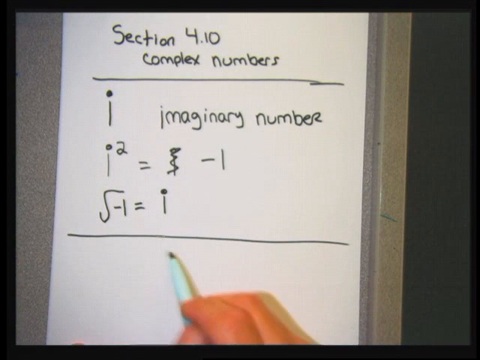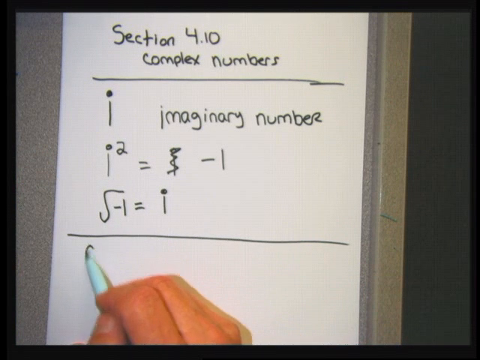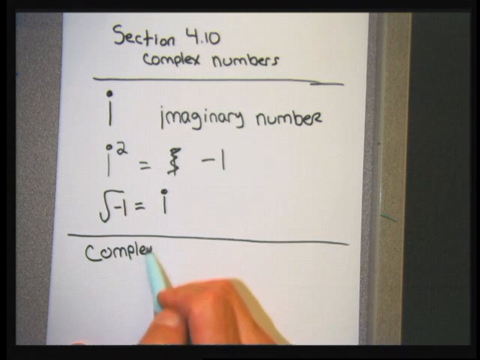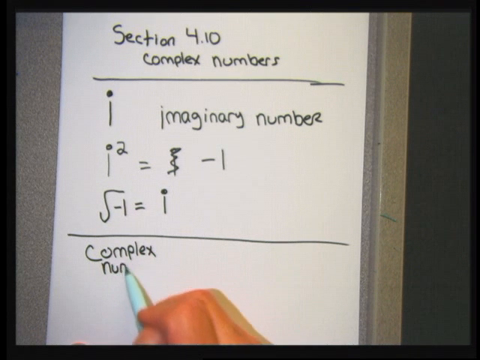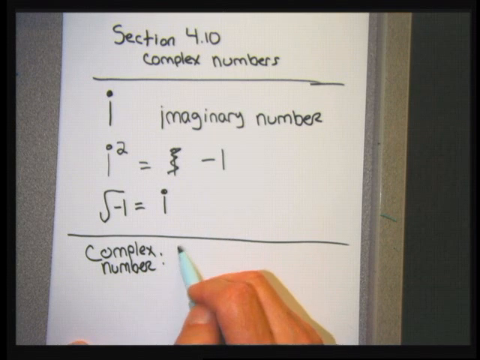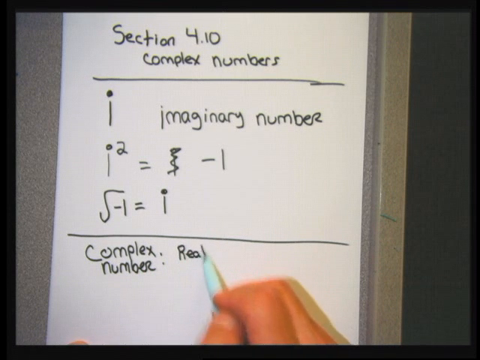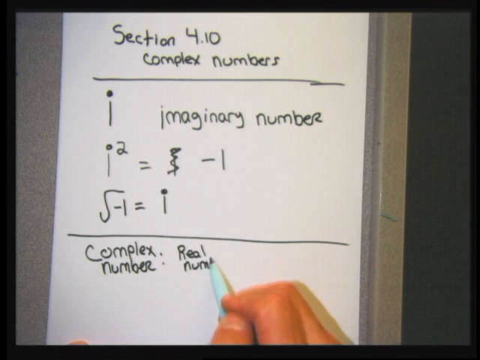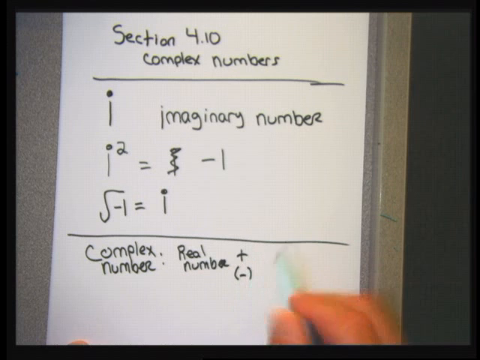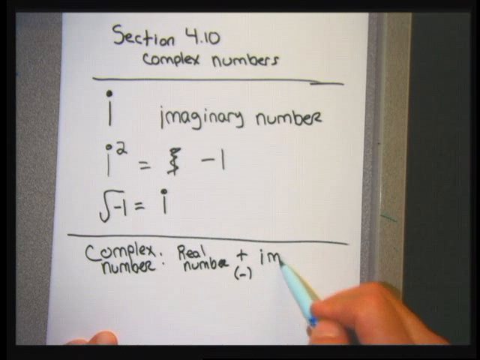You'll notice that the section is titled complex numbers and not imaginary numbers. A complex number is a number without an i, which we'll call a real number, plus, or it could be a minus, an imaginary number.